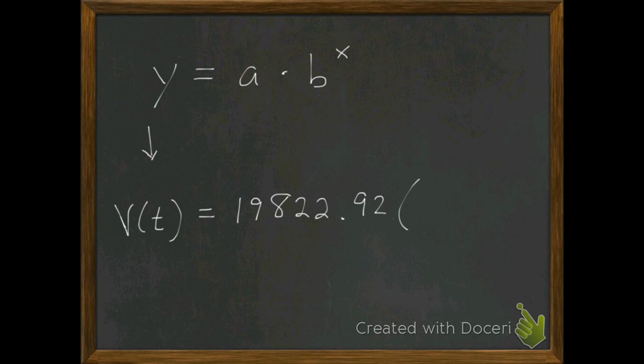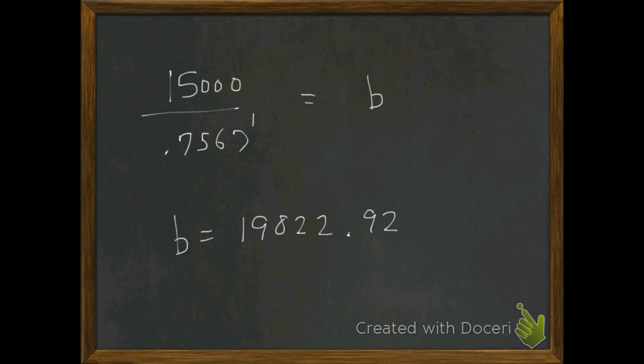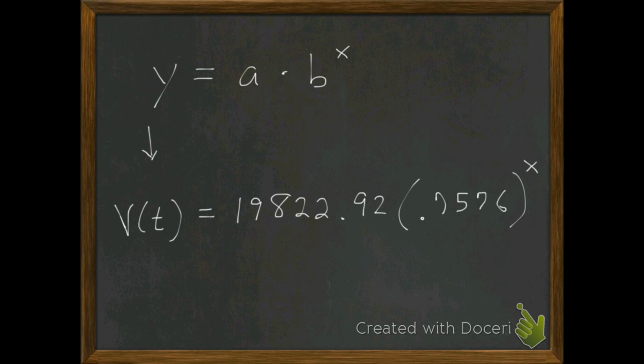And our B value was 0.7576, raised to the x power. All right, let's go back to the handout. So guys, this is going to be the answer to part A.